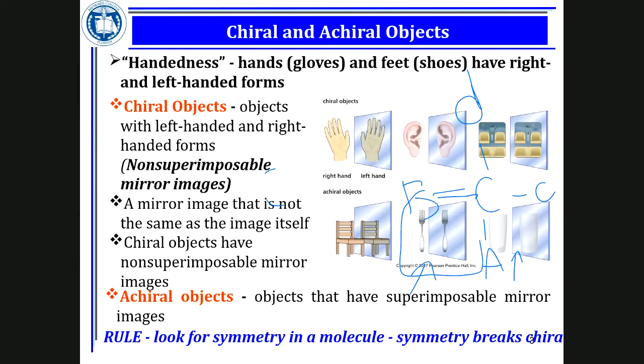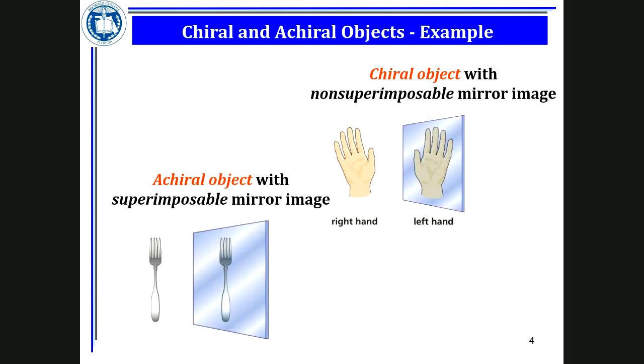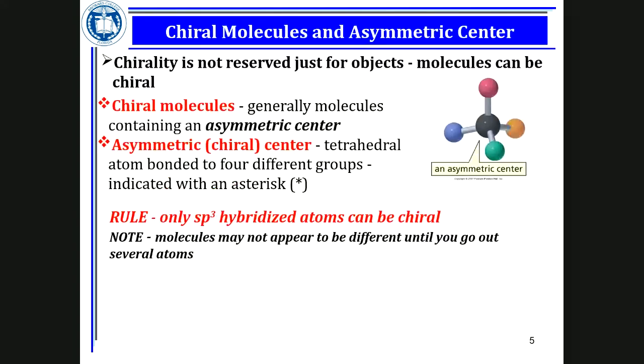The pictures you see down here are shapes of objects that are not chiral. They don't look like the hands, which do not superimpose each other. So you have achiral objects, and this is a chiral object. Molecules could also be chiral.